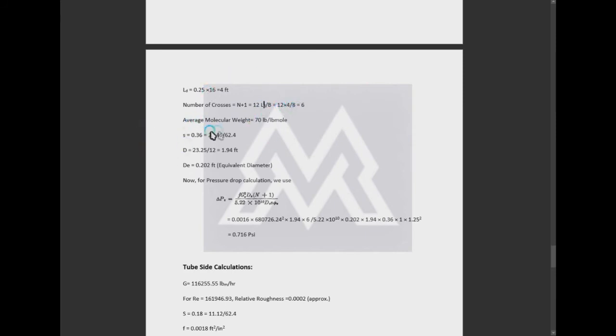Next is the average molecular weight of the stream, not of a single component. If you have a multi-component mixture, use the same method defined before in the video: mole fractions multiplied by the molecular weight of each component, and calculate the average molecular weight. Now specific gravity.